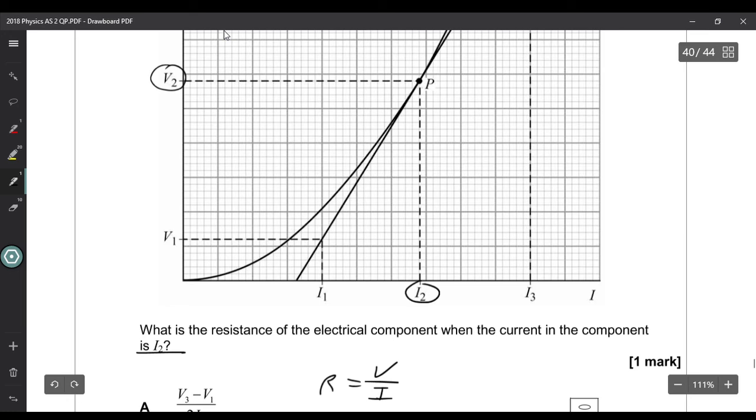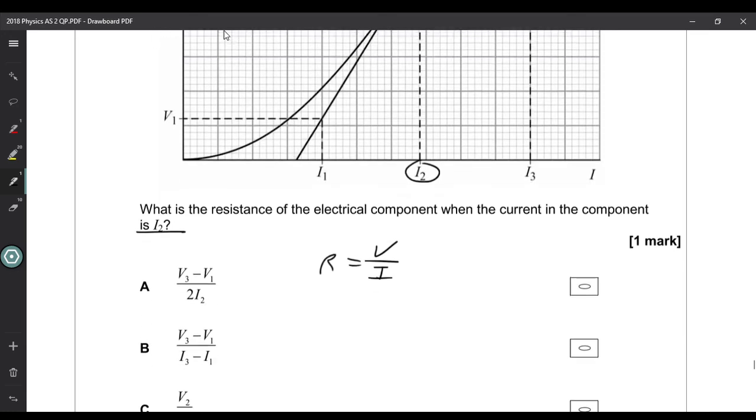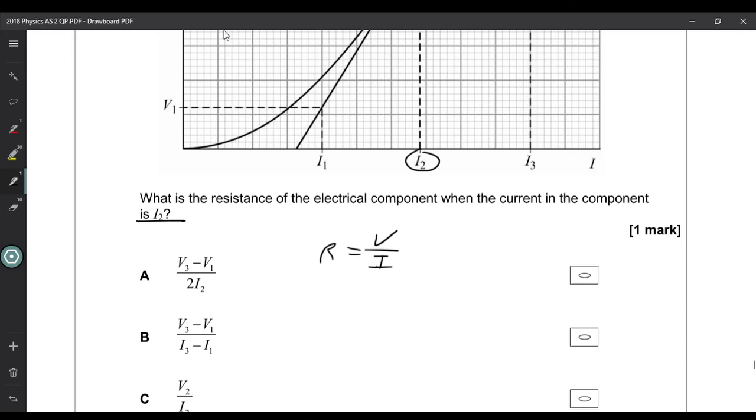We don't need the tangent, we just need to read off the graph what the corresponding voltage is at any current. So for this, R is going to equal V2 when I is I2. So the answer to this is going to be C.